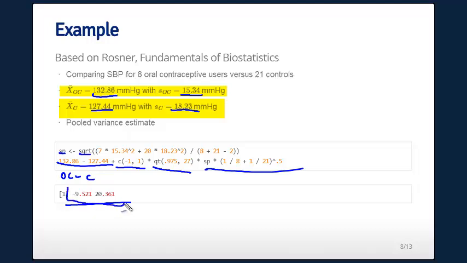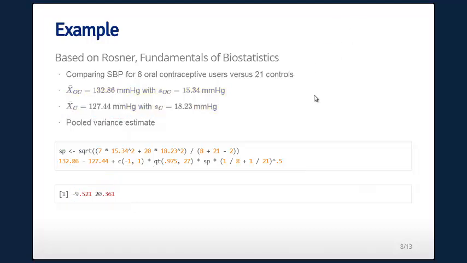We are checking whether or not this interval contains 0 because we're interested in whether oral contraceptive users have a higher blood pressure than controls. This interval is more larger than 0 than smaller than 0, but the lower endpoint does dip below 0, and so we can't conclude that the oral contraceptive users have a higher mean than the controls, and that this difference could be attributed to chance. Okay.